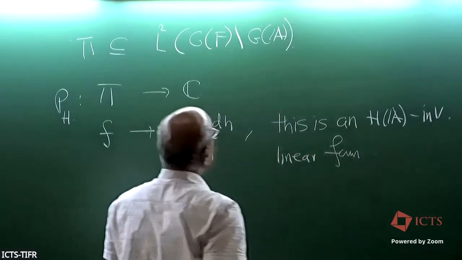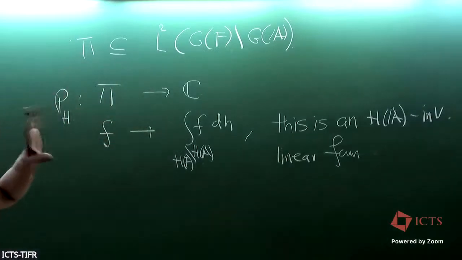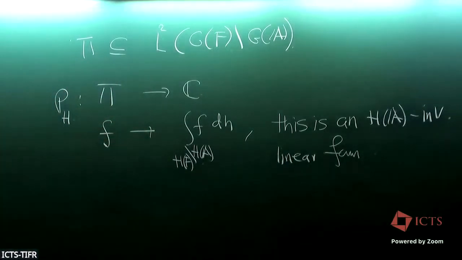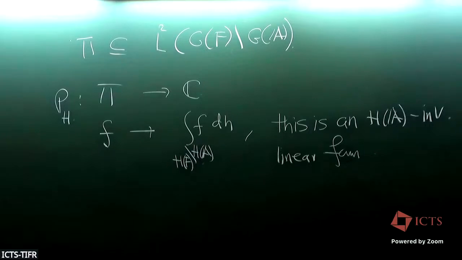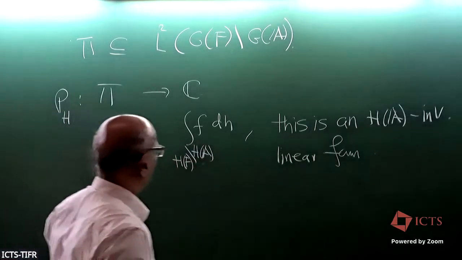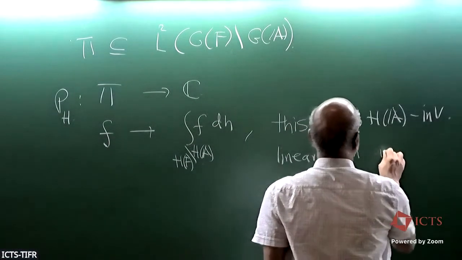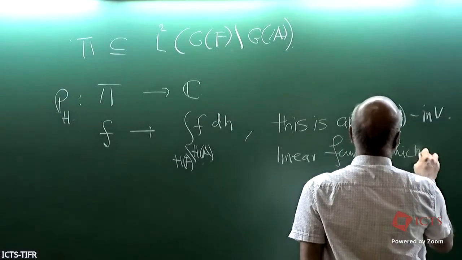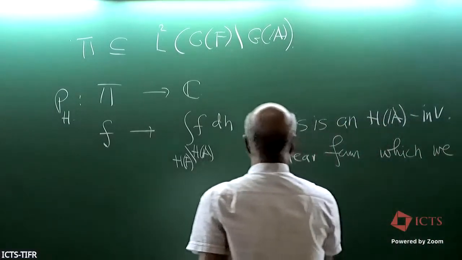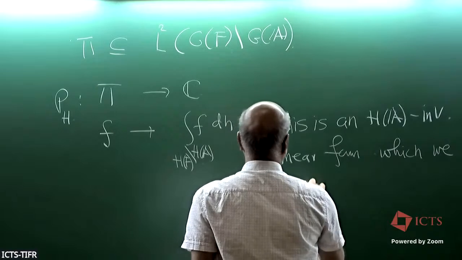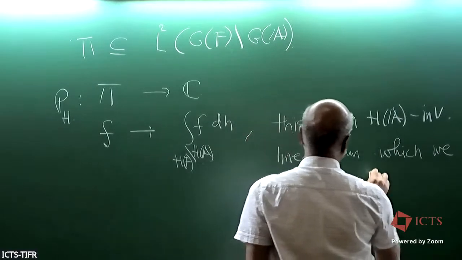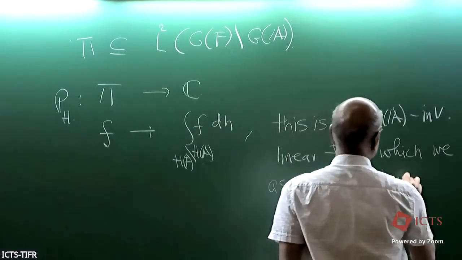And we are in the context when G comma H is a Gelfand pair. So there is a uniqueness of invariant form, which we assume is unique up to scaling.